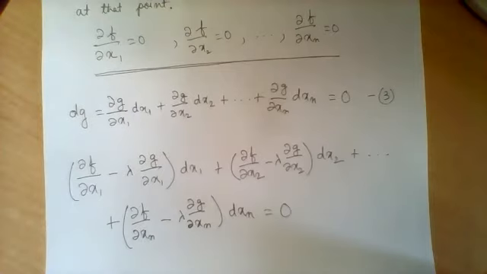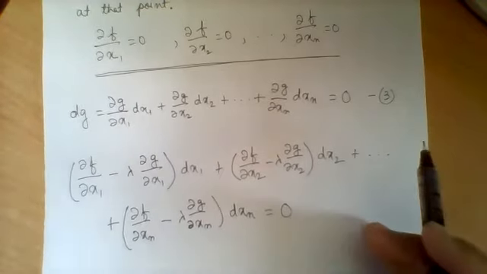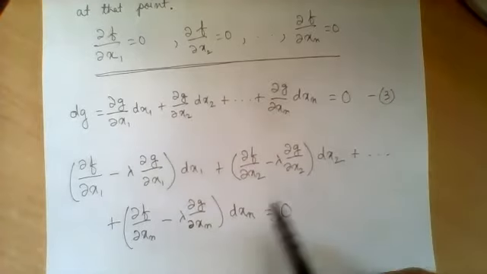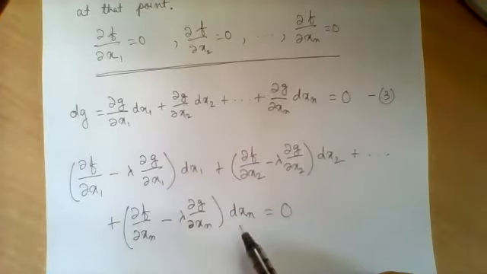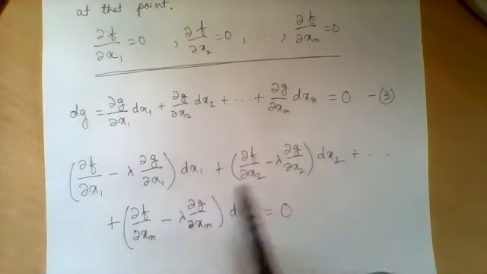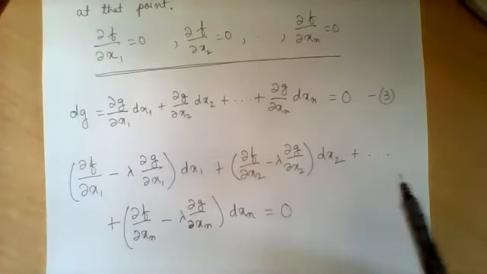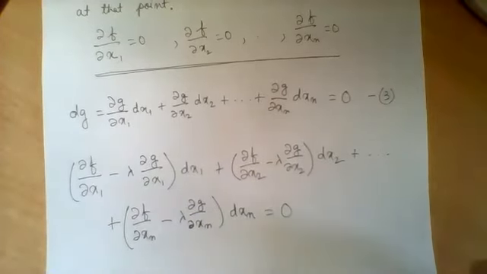Xn depends upon all other variables x1 to xn minus 1. That means this differential dxn also depends upon all other differentials dx1, dx2, dx3, and so on till dx n minus 1.